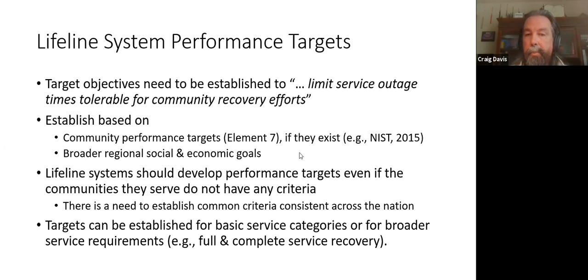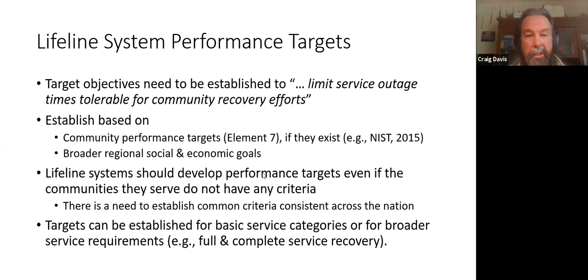So the fact that a community isn't trying to undertake a resilience program does not prevent the Lifeline system from implementing targets and moving forward in the resilience program. However, there is a need to establish common criteria consistent across the nation so that everybody can do this in a uniform manner.